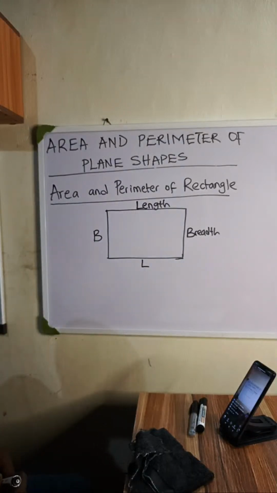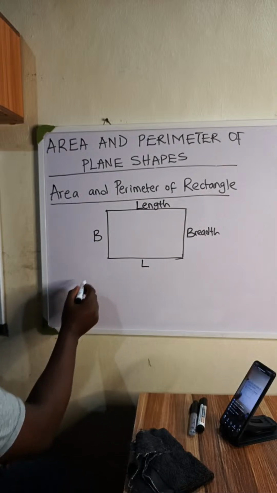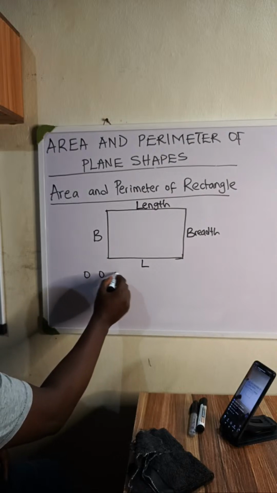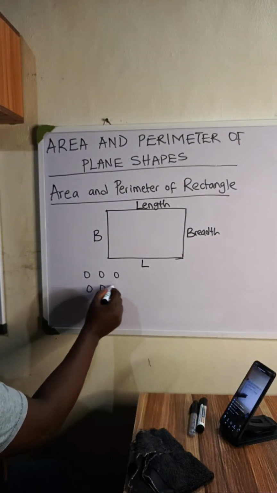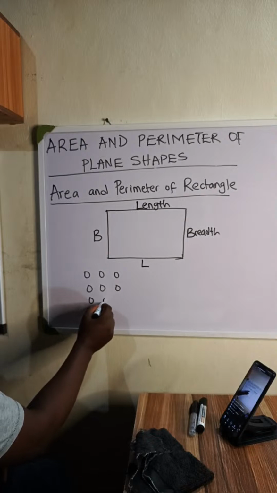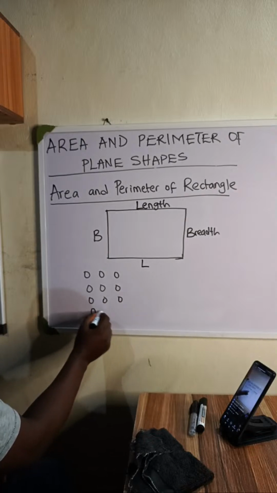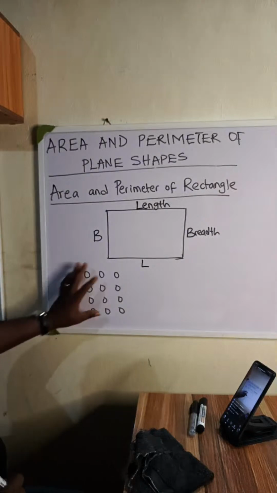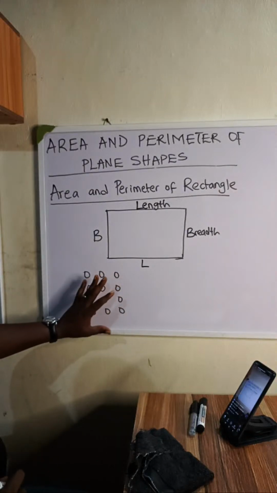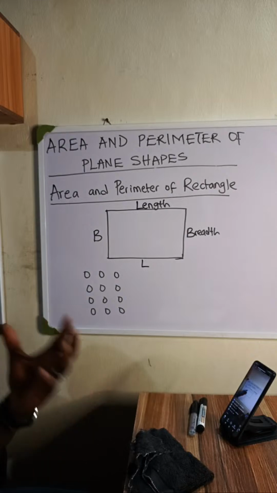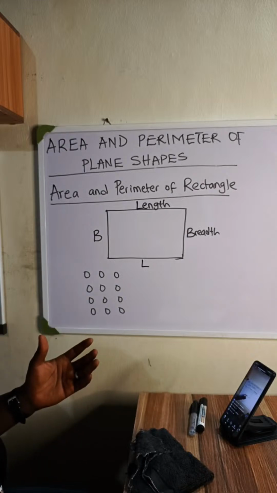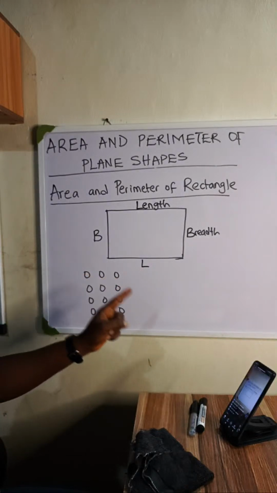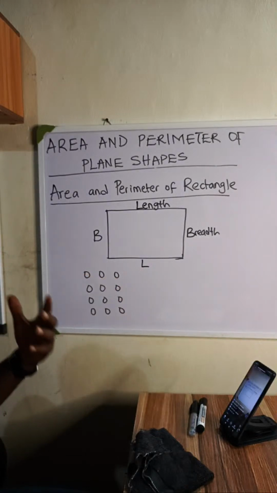So let's look at a situation. If you're in a class and you have some students seated like this, and you are told to count the number of students in the class, you can either count them one after the other, or in some other way.